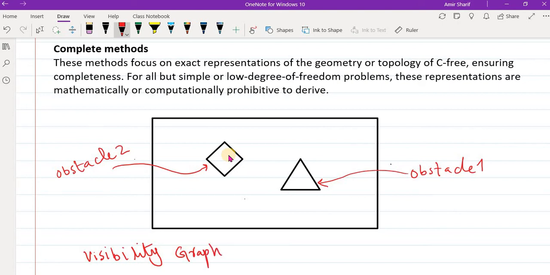In this visibility graph method, we try to connect the vertices of the obstacles that are visible to each other. For example, obstacle 1 has 3 vertices, and obstacle 2 has 4 vertices. If you see which vertices are visible to each other, from here this vertex is visible to this vertex, and this is also visible to this vertex, but it's not visible to this vertex here.